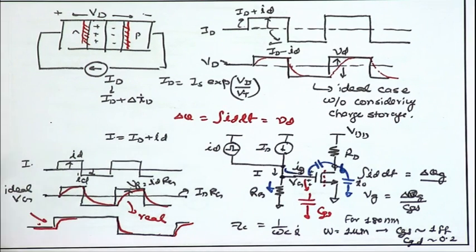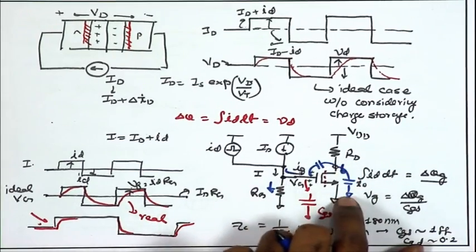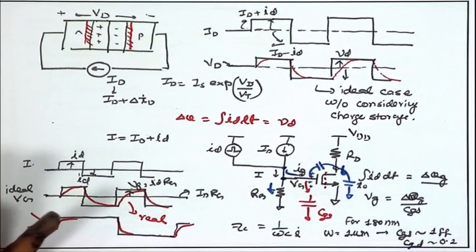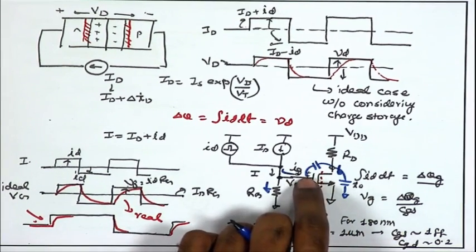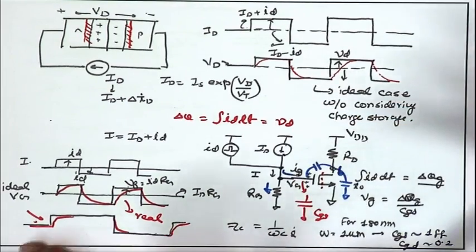So, effectively if I assume that the overlap length is 0, we are not going to have any CGD, and therefore, in this small signal model, if I look at the capacitance between the drain and the gate, that will be absent. So, that does not violate my charge conservation in any manner. The only thing is you do not have a charge storage associated with the change in drain to gate voltage.